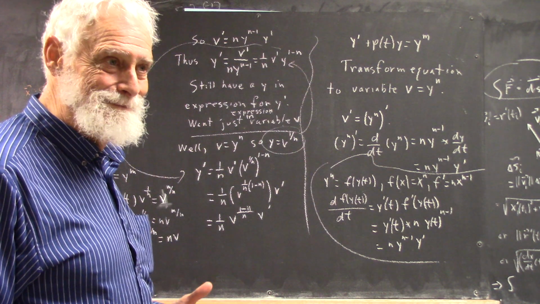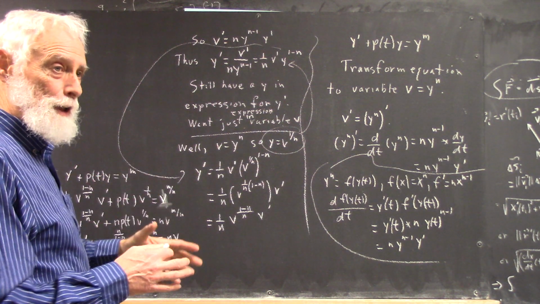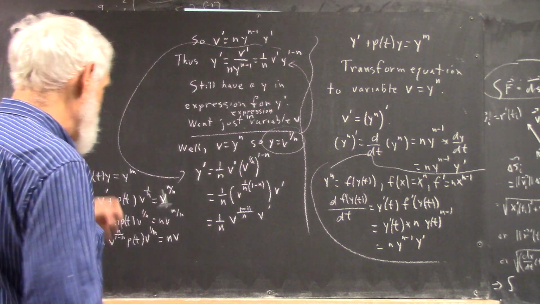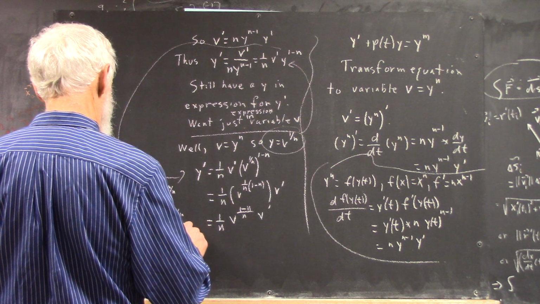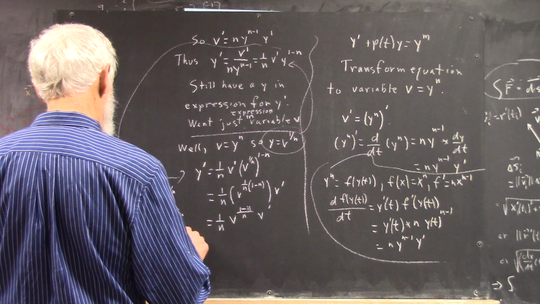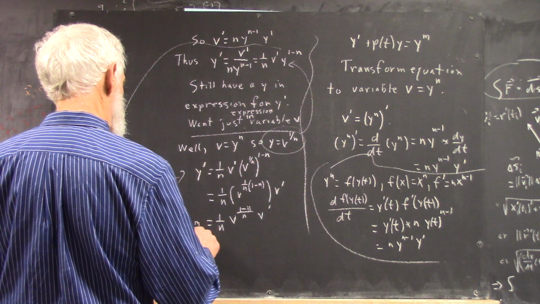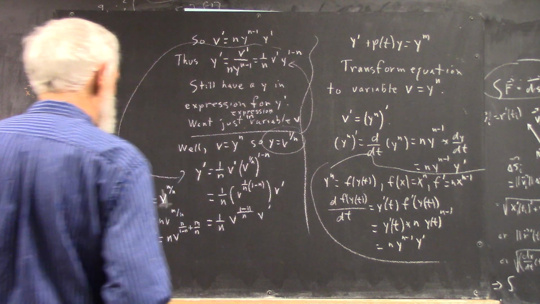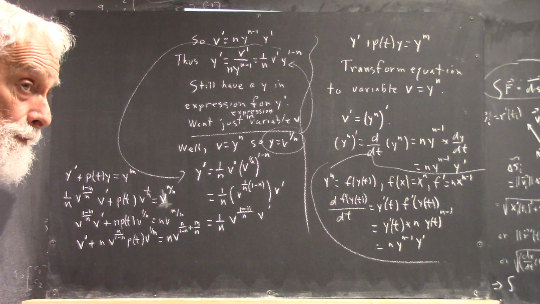I've done it more than once. So it's just a matter of paying attention and being careful. And you get v to the n over 1 minus n plus m over n. Okay?